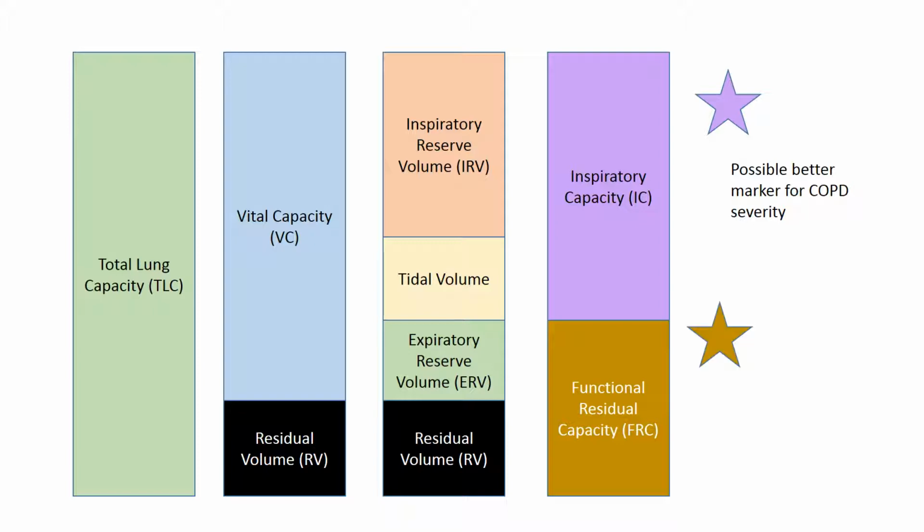Functional residual capacity gets my gold star in terms of pulmonary physiology. It is comprised of the expiratory reserve volume plus the residual volume. The FRC holds a special place because it has unique features.